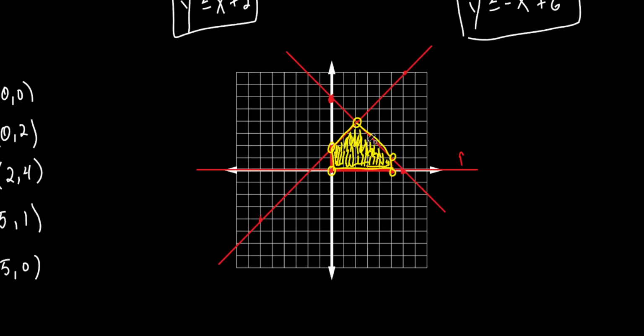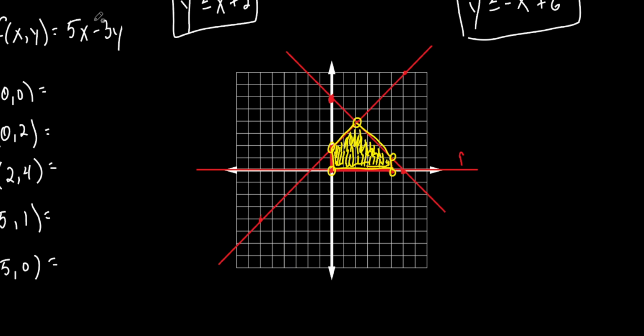So now what we're going to do, do you remember what that function was? I'll write it down. It was f of x, y equals 5x minus 3y. We're going to take all those ordered pairs, those x's and y's, and plug them into this and see what we get. We can do most of this in our head.